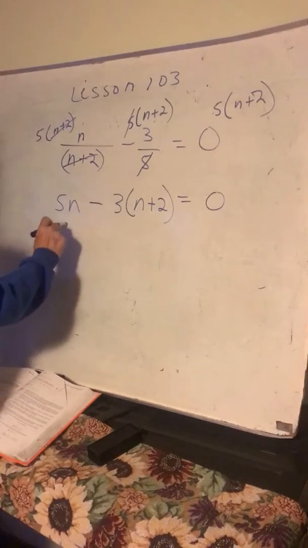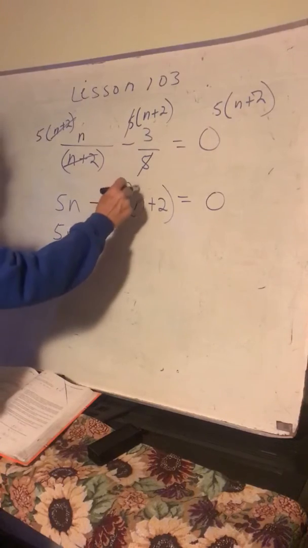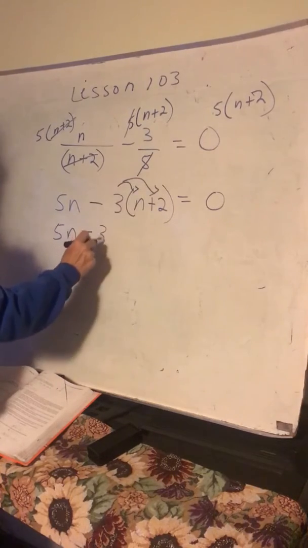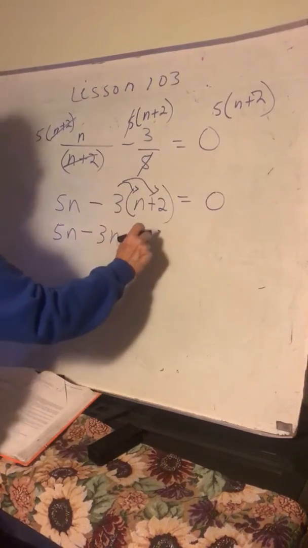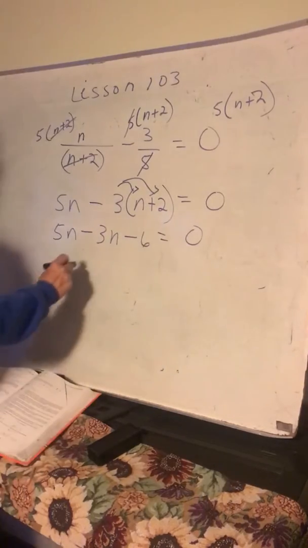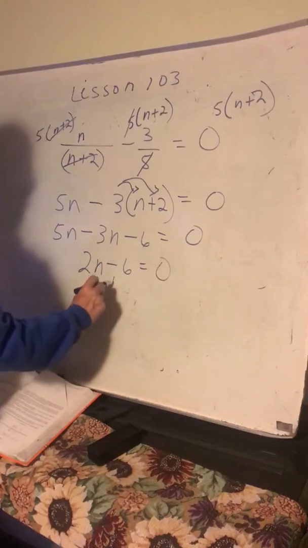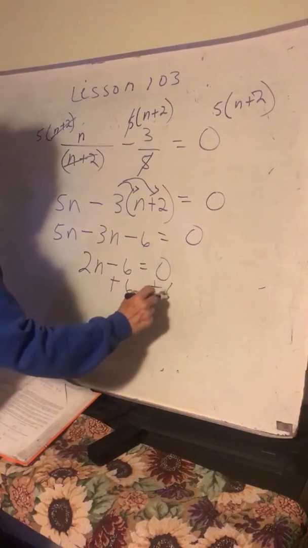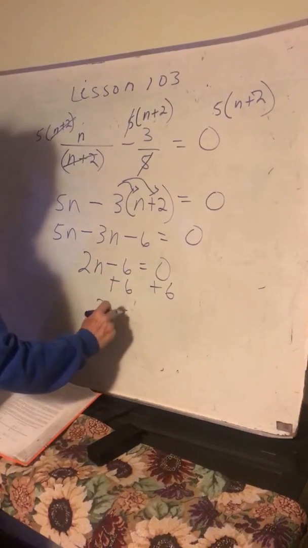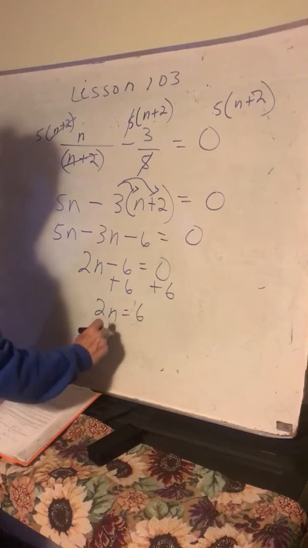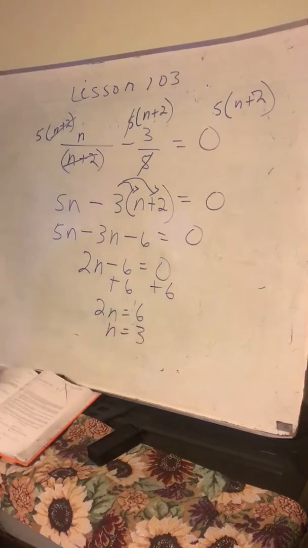Now we have 5n minus, let's go ahead and distribute, 3n minus 6 equals 0. You have 2n minus 6 equals 0, plus 6, 2n equals 6, n equals 3.